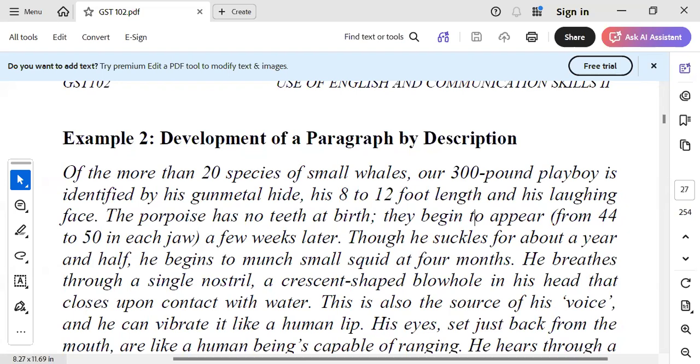No. Why, or sorry, where do you use description? Description does not just appear as a complete essay on its own. You can't just write description and it will stand alone as a complete essay or as a complete paragraph. It's inside other types of writing that you use it.